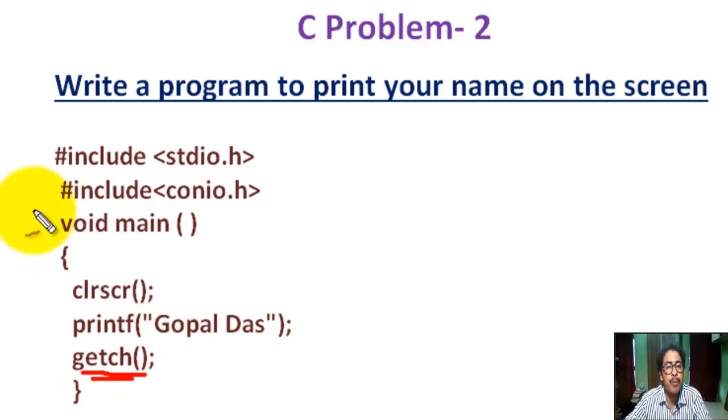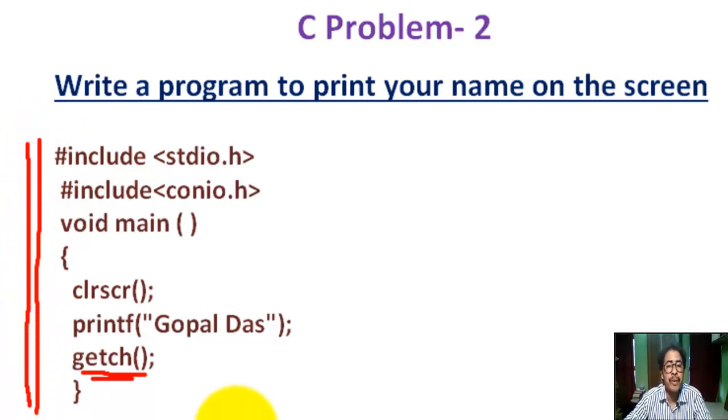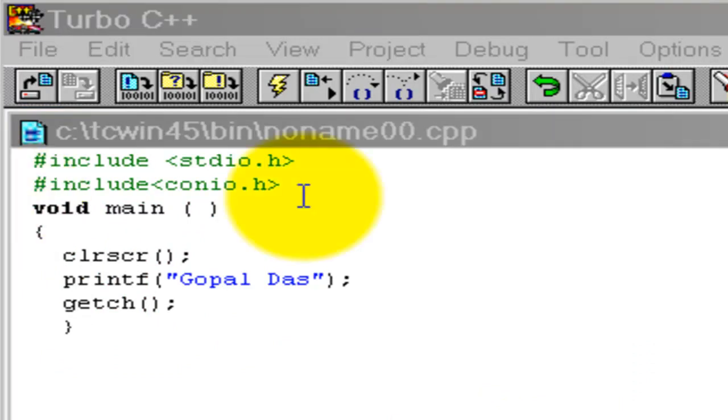Now we run this program on the C program compiler screen. First we type the program on the screen. Take care there is no mistake, there must be a semicolon.